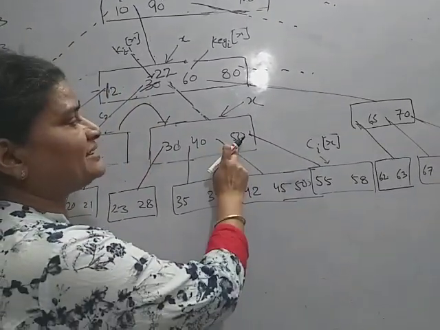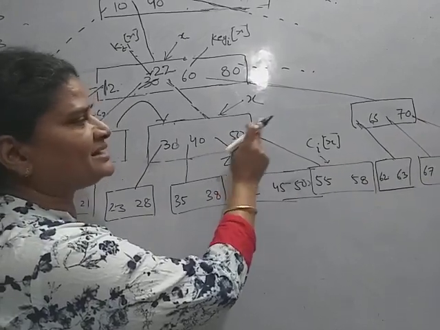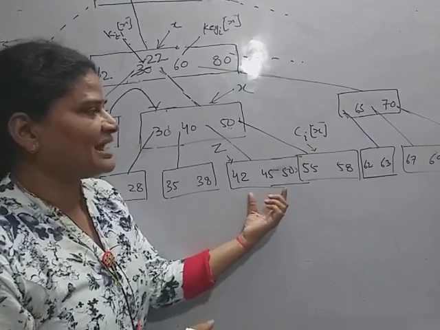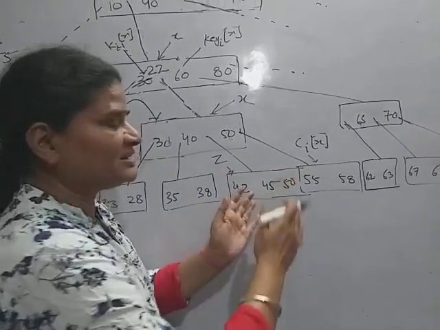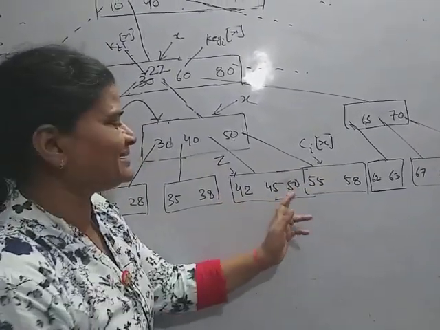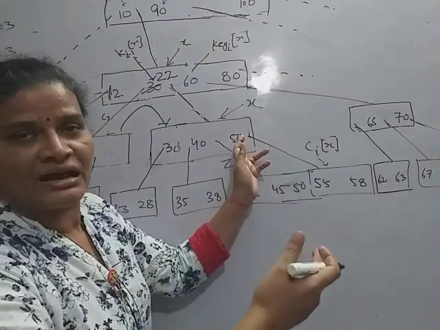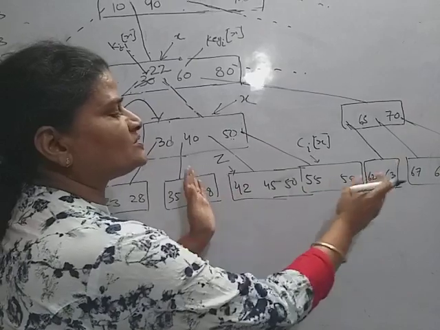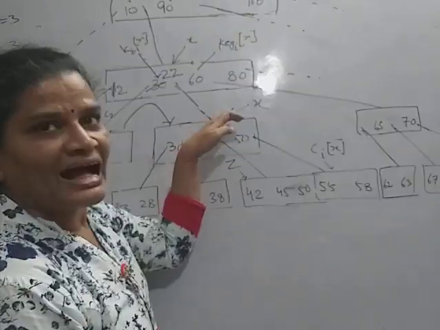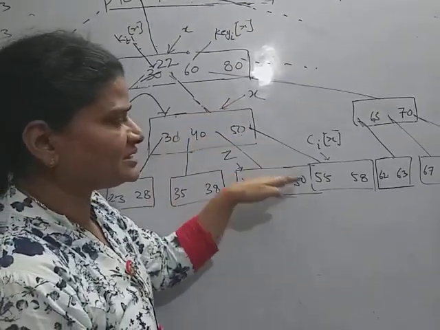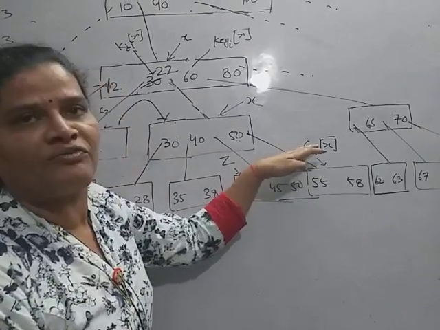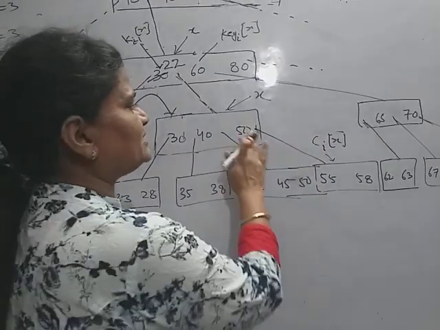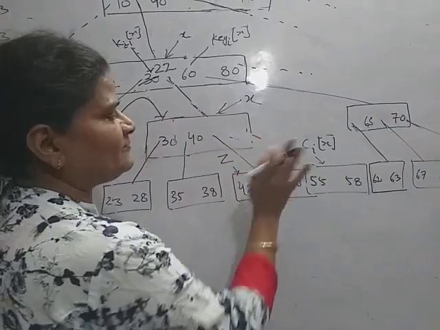From X, the 50 will be deleted, this key and the pointer. Recall that when we insert, we split the node into two parts, and the tth key moves up to the parent. Here it is the reverse of that. This node and this node are merged, and the I minus 1th key becomes the median key of Z, and these two pointers will be deleted.